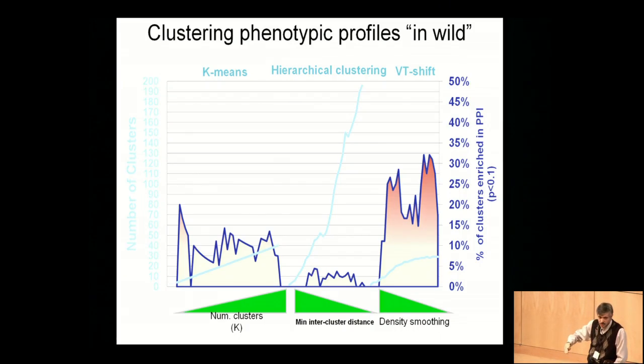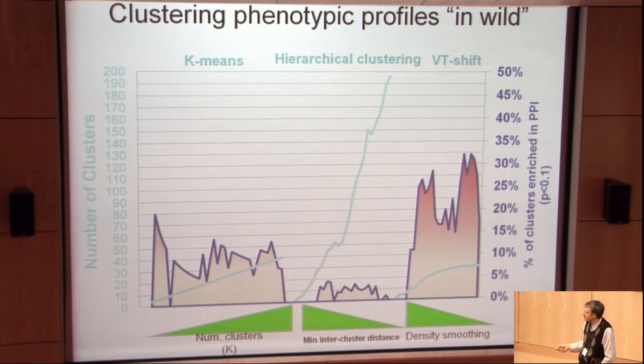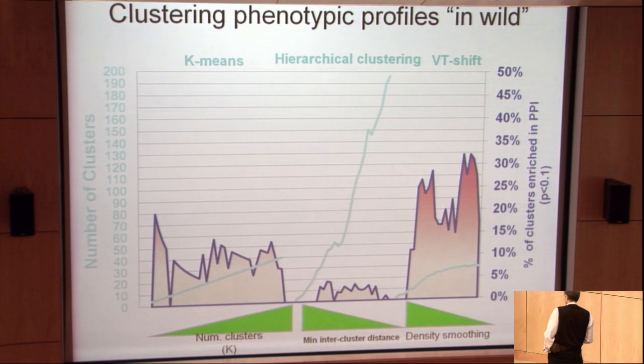If I start to cut it too low, I have a huge number of clusters. What's the sense of these clusters? With k-means, the number of clusters does not grow so much. It's okay, it's linear in this case, but still the enrichment is not so big. The density-based clustering behaves much better.